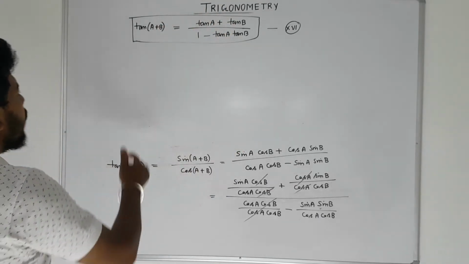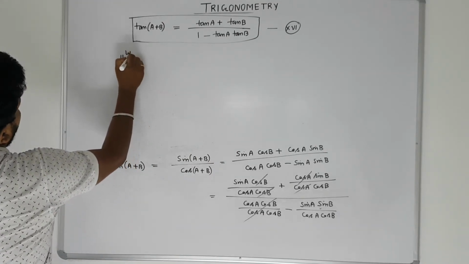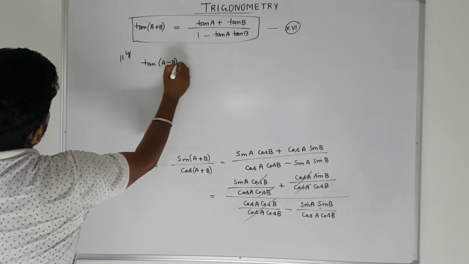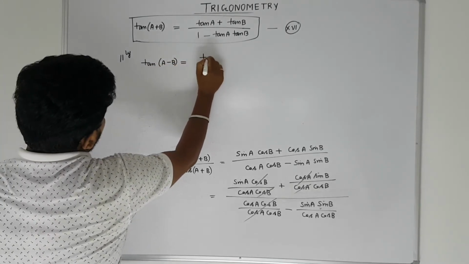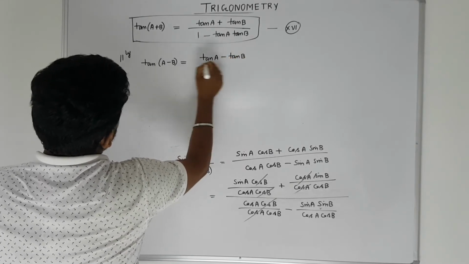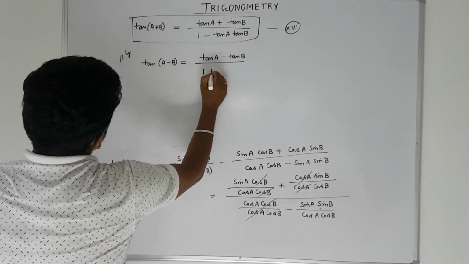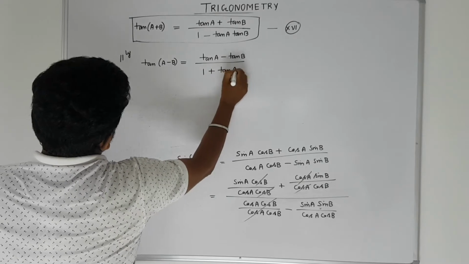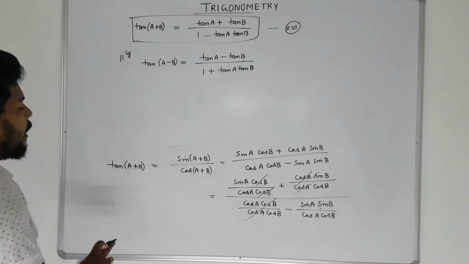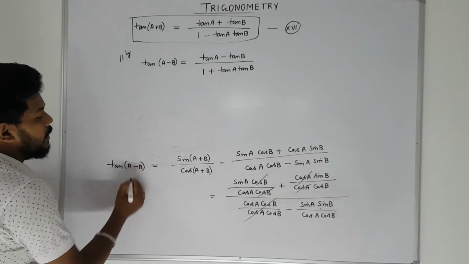Similarly, I can write tan A minus B is equal to tan A minus tan B divided by 1 plus tan A tan B. How come it is minus and plus? Because for minus B, I will write here minus.